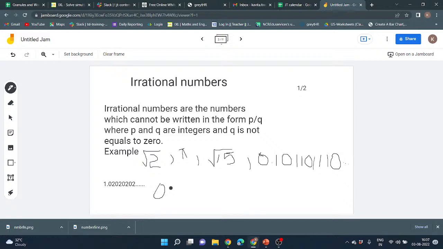We can see that after the decimal point, the digits are getting repeated again and again, 0.0202 and so on.